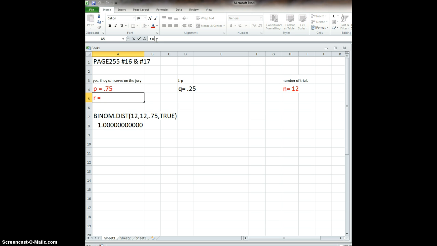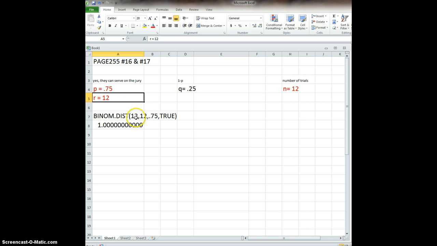In this case, part A, we're trying to find the probability of 12 successes, that all 12 are available to serve on the jury. So what we would type into Excel, the first number 12 is what R is. How many successes are we looking at? The next number is how many total trials we have.